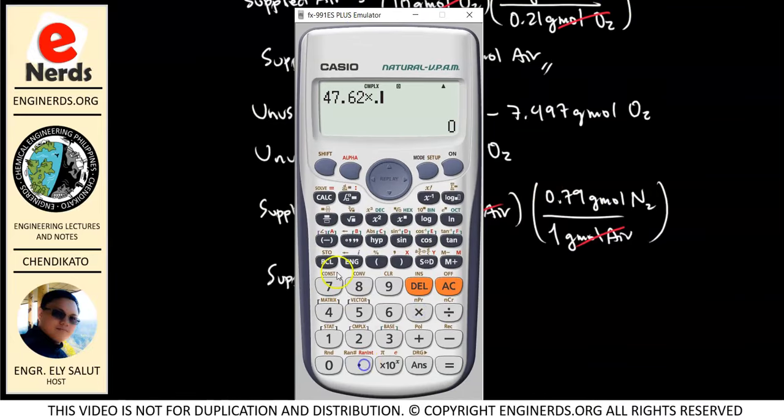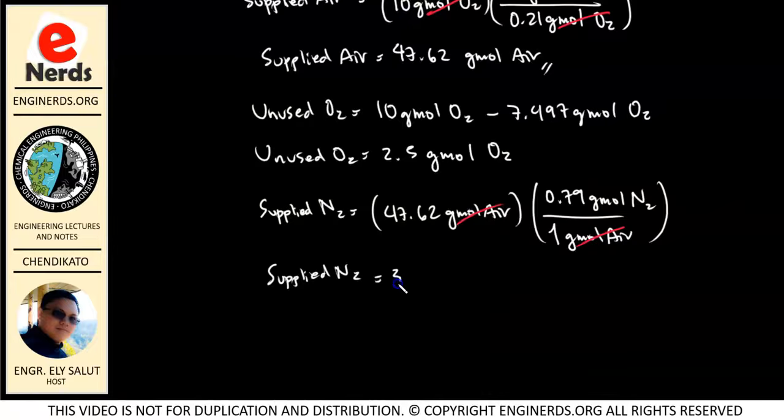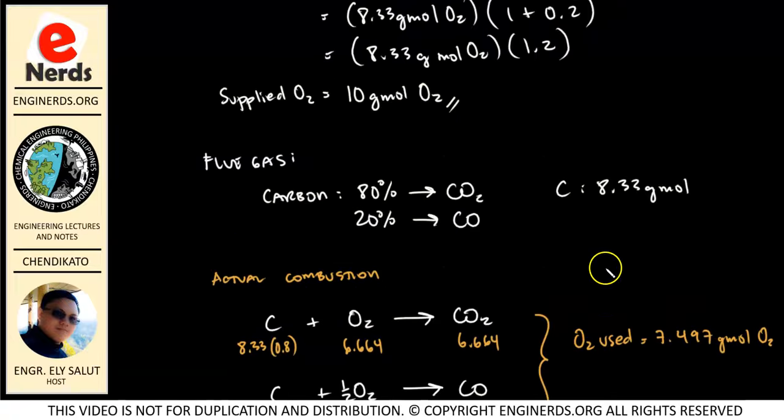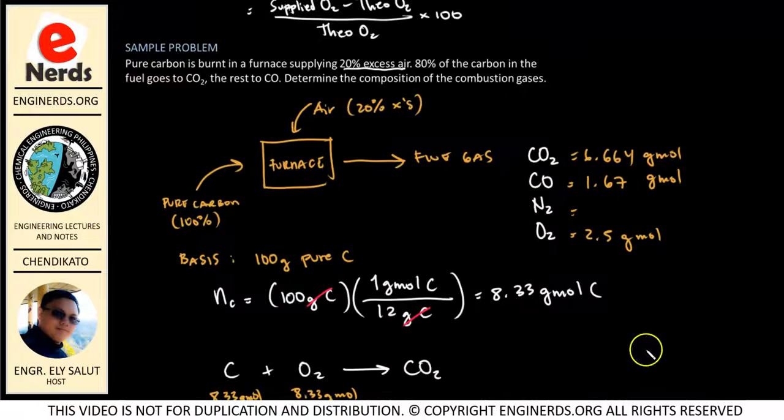So, we have 37.62 gram mole ng N2. Okay, so, meron na tayo dito 37.62 gram mole of N2. So, meron tayong amount ng lahat ng ating component dito sa flue gas.